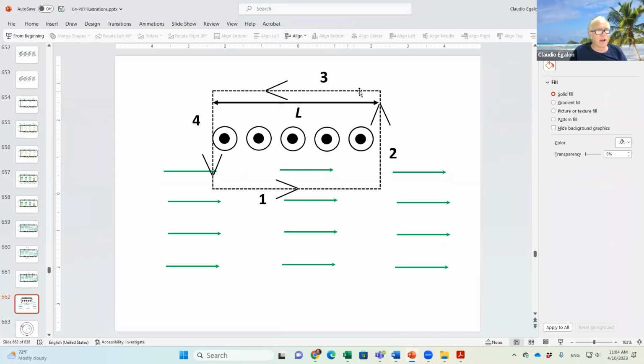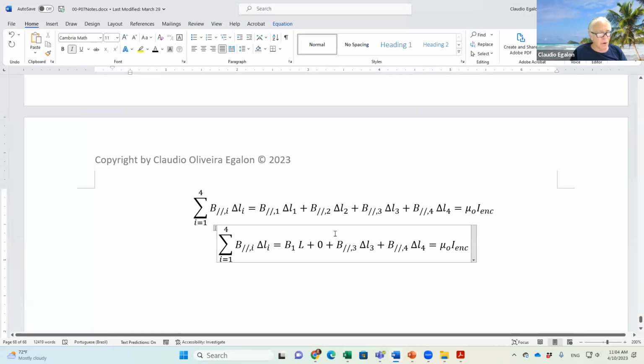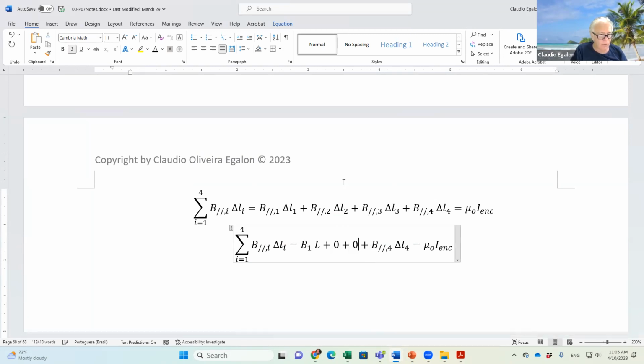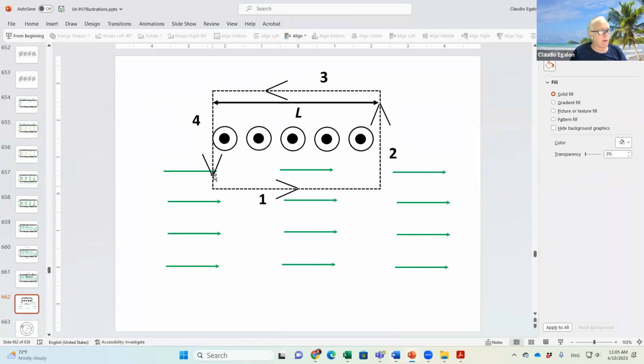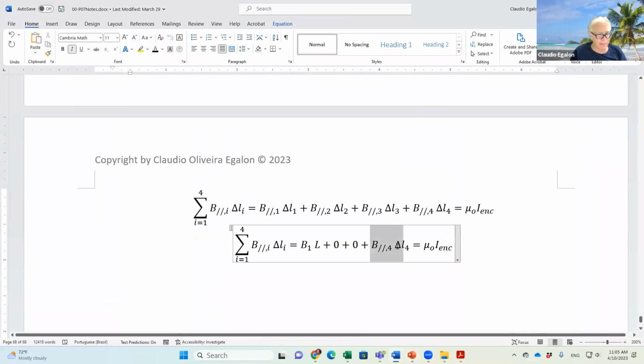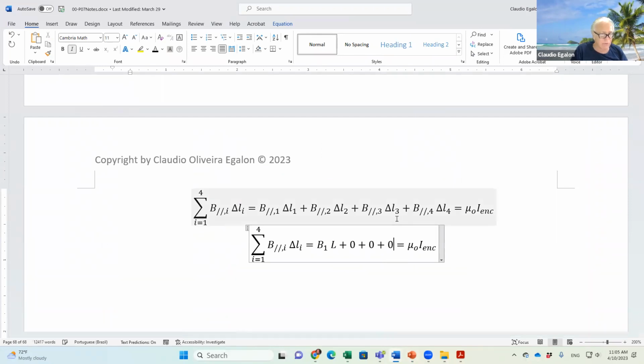We found out that the magnetic field outside the solenoid is approximately 0. It's negligible, so we can neglect this one as well. Finally, we have the last arm in the vertical direction. Because of the vertical direction, there is no vertical component of the magnetic field. We also have 0.